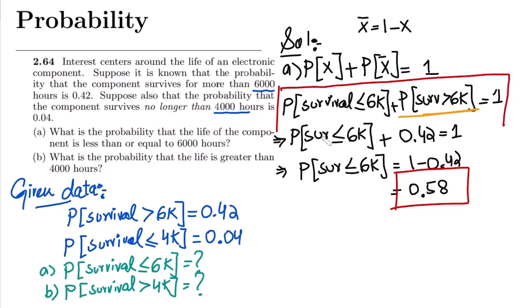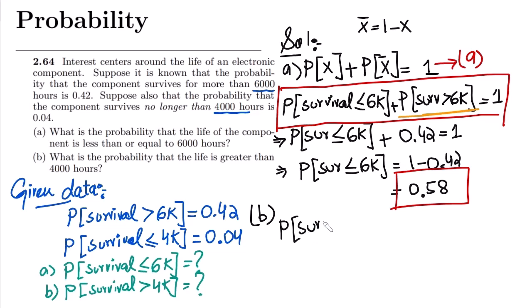On the basis of this formula, I have found the probability of the event, on the basis of equation A. Similarly, proceeding towards part B, again employing equation A, I know that the probability of survival less than or equal to 4k plus the probability of survival greater than 4k must be equal to 1.